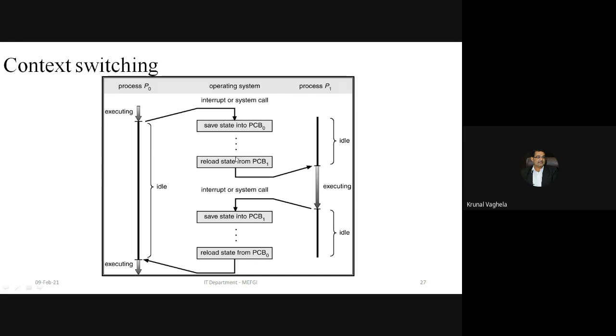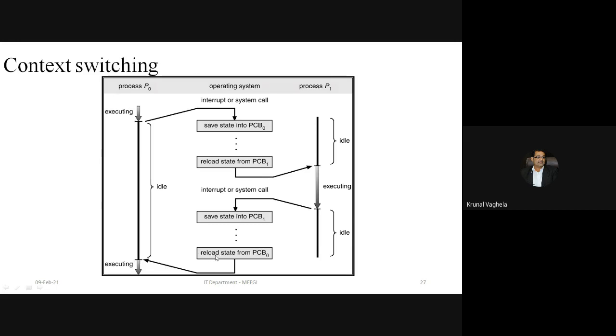So after some time, the operating system will decide to run the process P1. So what it will do is reload the state from PCB1, which was stored by the operating system earlier. So it will reload and then P1 will start executing. Again an interrupt will happen, and whatever happened during this time will get stored in PCB1. You can see this process is still idle. Then an interrupt will happen and the OS will decide to run this.